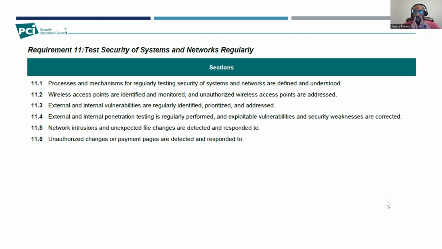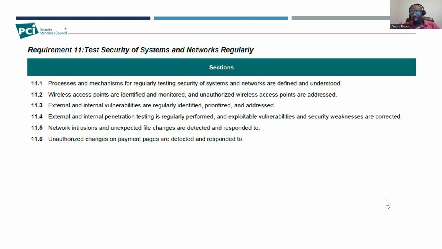So for 11.4, it says exploitable vulnerabilities. Now, because you might have thousands of vulnerabilities, but is that vulnerability exploitable? If the answer is no, then that's okay. But if it is exploitable, you need to demonstrate that that vulnerability was fixed and corrected.